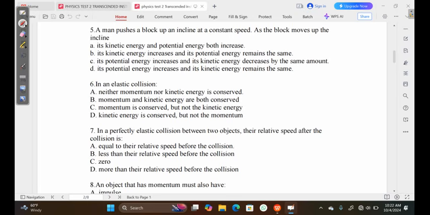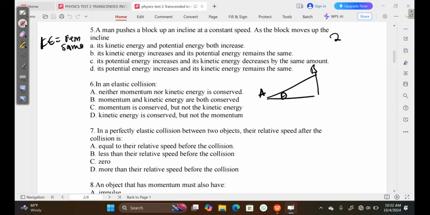Let's have our incline. This is my incline, and theta is there. When we have a constant speed, it means the speed is not going to change. The kinetic energy I'm going to have at point A is going to be the same as at point B. So we need to find the answer which tells us that kinetic energy will be constant, or will remain the same.